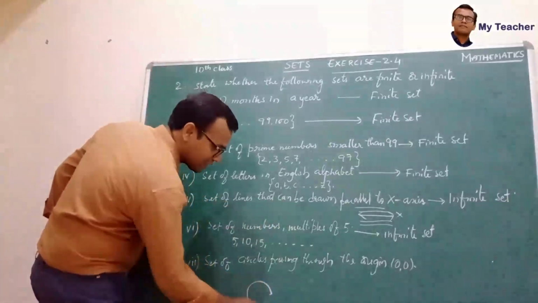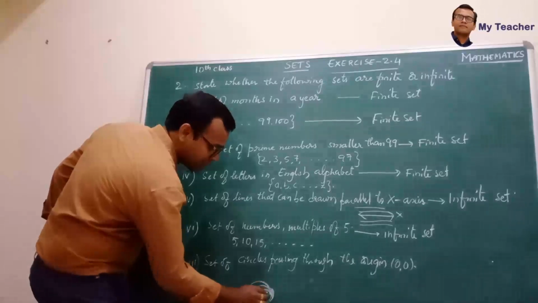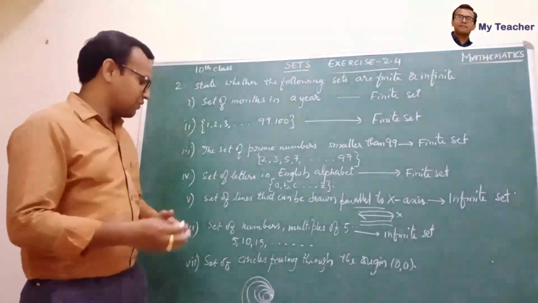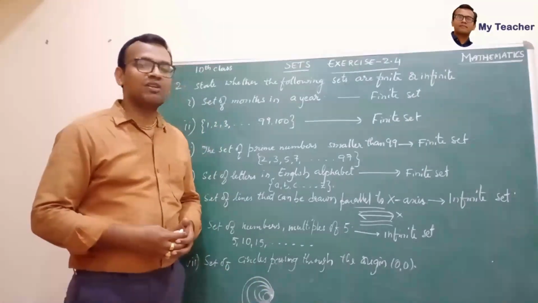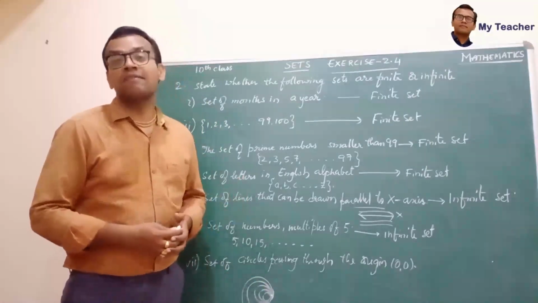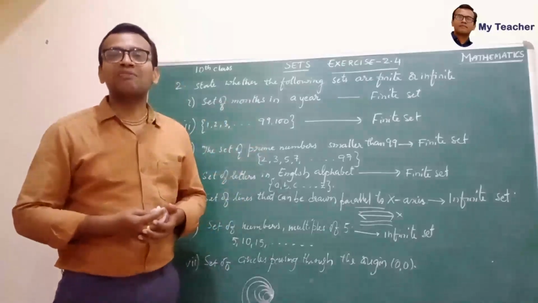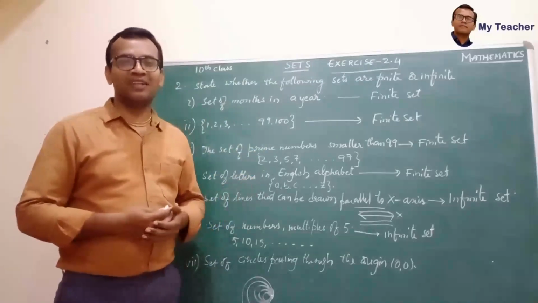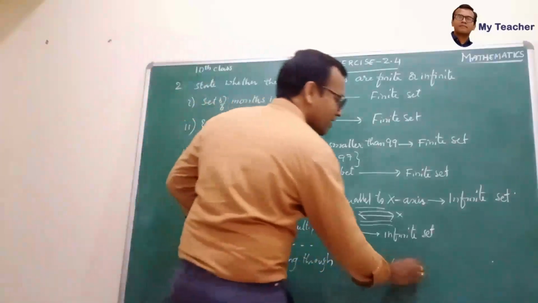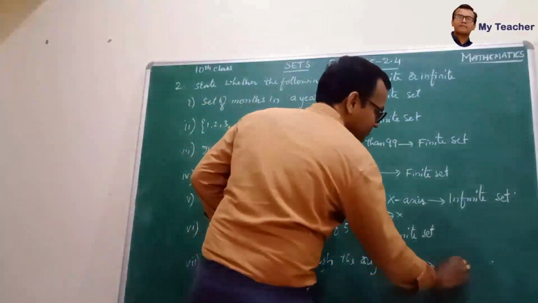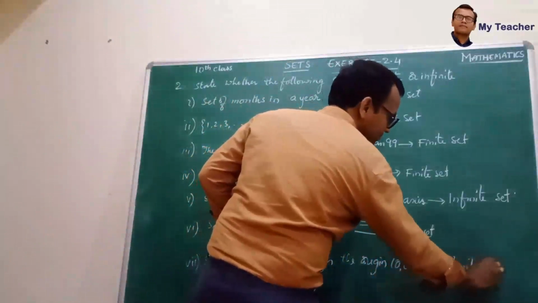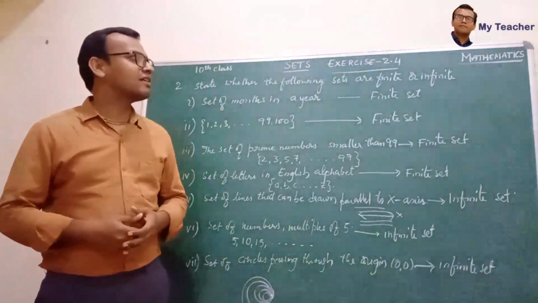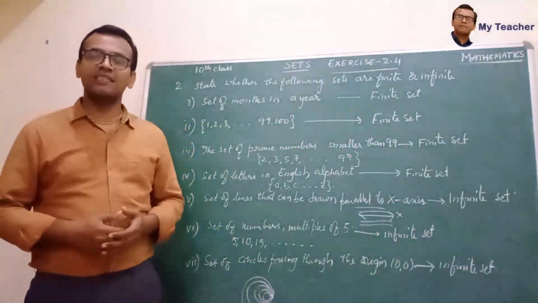Through one point, there can be any number of circles passing through. So the set of circles passing through the origin is infinite because an infinite number of circles can pass through the given point at the origin. So it becomes an infinite set. So this is the way to find whether this is a finite set or an infinite set.